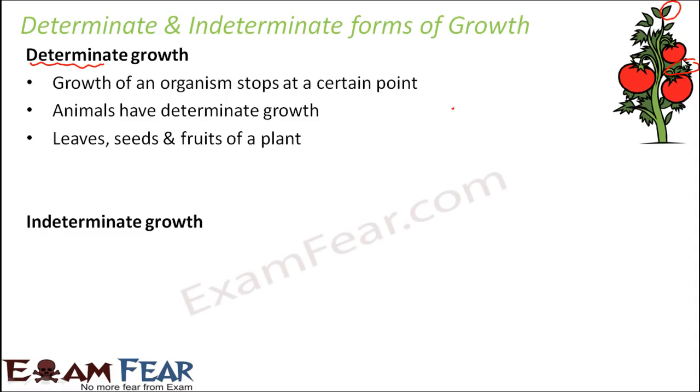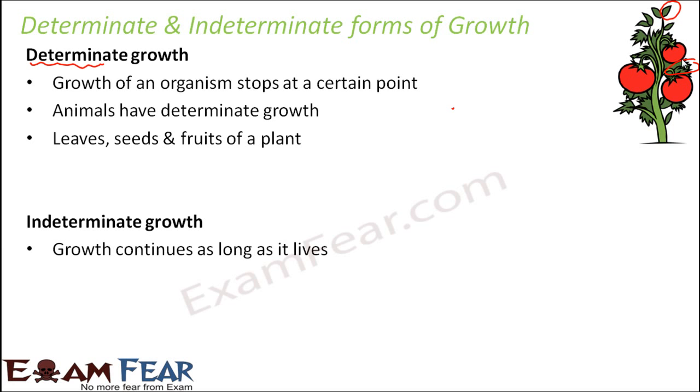As I said, there are some parts of the plant which show indeterminate growth, that is, they keep on growing throughout their lifetime. But there are some parts like leaves which show determinate growth due to the presence of retardant hormones which inhibit growth after a certain time.